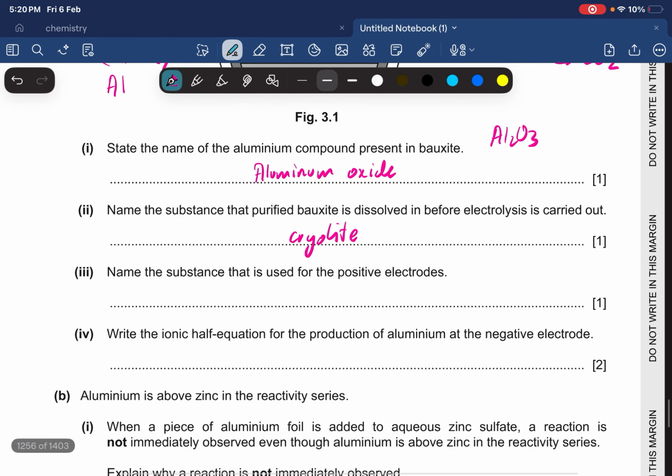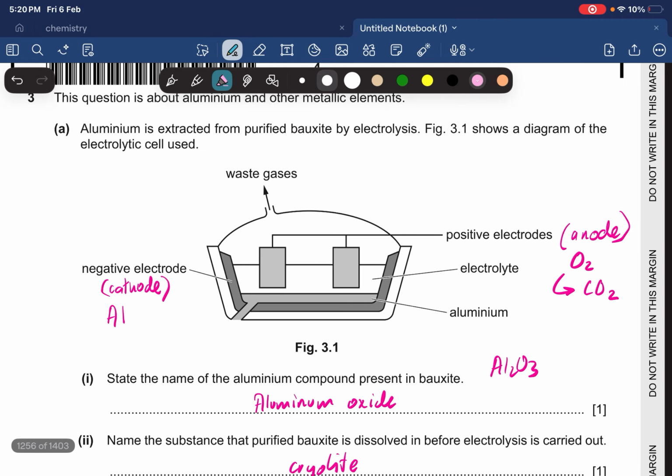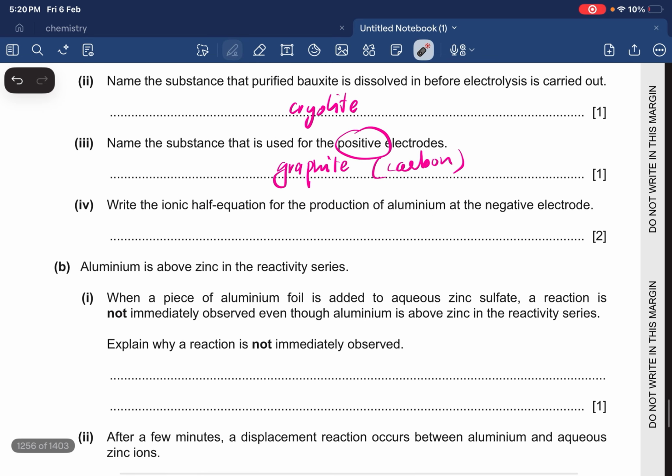Name the substance used for the positive electrodes. For the anodes we use graphite, or carbon. Why? So that the oxygen formed reacts with the carbon to form carbon dioxide.